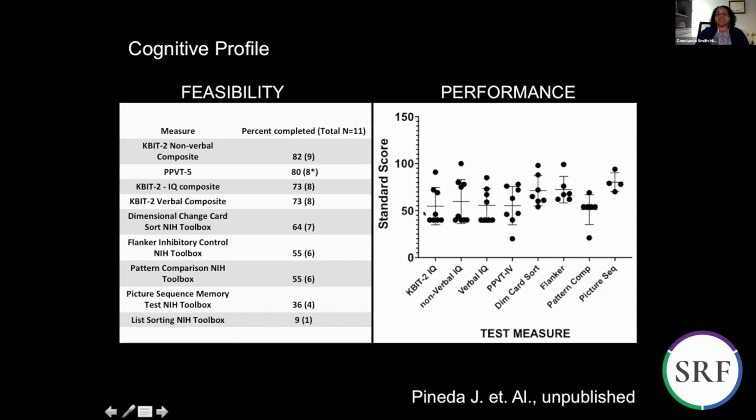We also noted that several of them clung to the floor of the measure for their KBIT tools. We were really encouraged by the fact that our PPVT measure was able to give some granularity in the receptive language functioning, and we were able to capture an individual with a standard score of 20. So this is pretty encouraging for us.